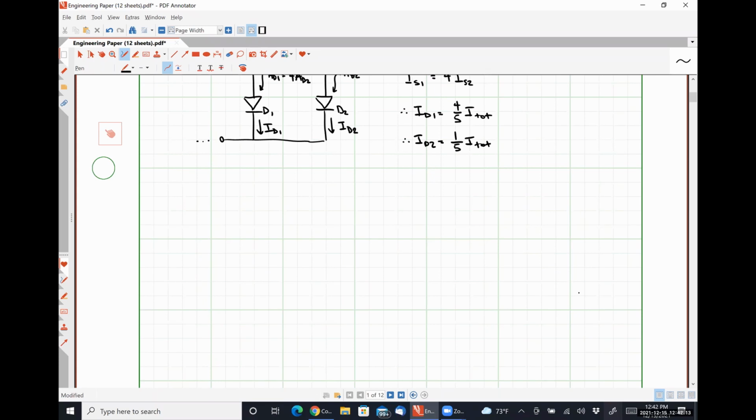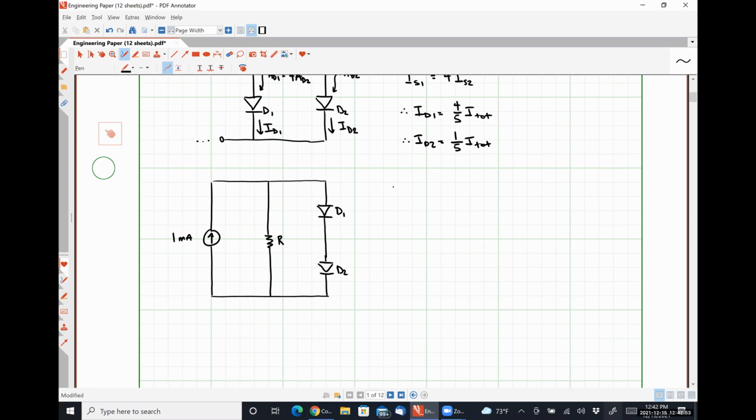So let's say that we have a 1 milliamp source connected in parallel to a resistor R, connected in parallel to 2 diodes in series. So let's call this guy D1. Let's call this guy D2.